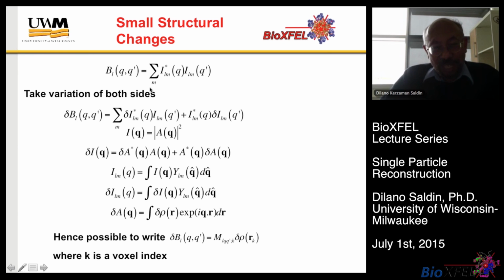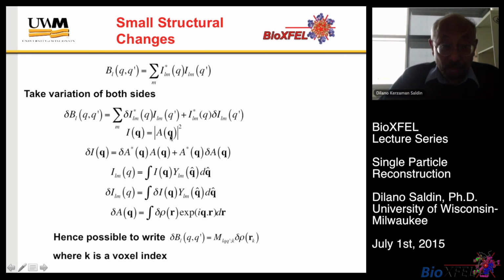Now, what I want to point out is that although you find the B's by this method, this is still very useful for finding the time-resolved structure. The point is one can take this expression for B and take the variation of both sides, take small variations of the delta ILMs and the delta B's, and we get this equation.